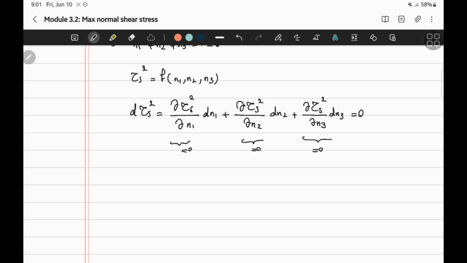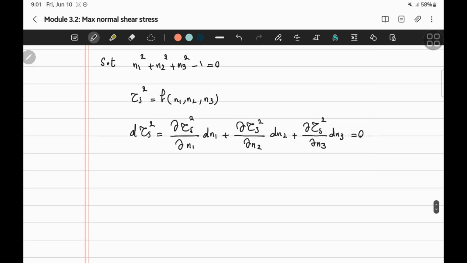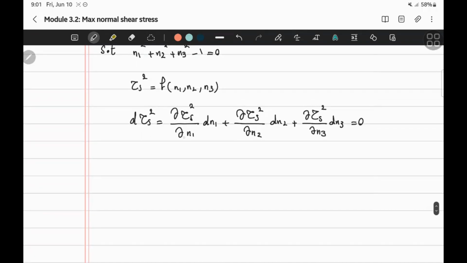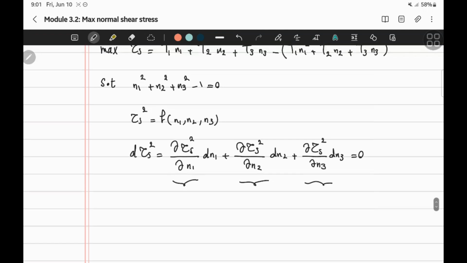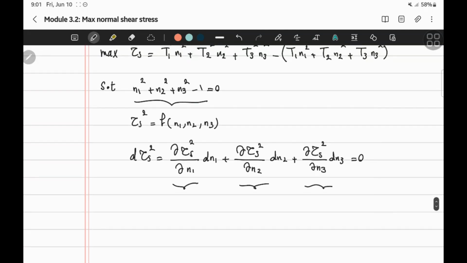But we are not looking for the trivial solution. So looking at the non-trivial solution, we know that n1, n2, and n3 are not independent. They are dependent.